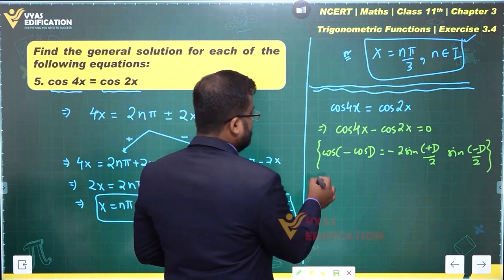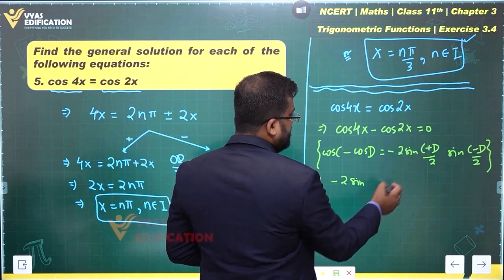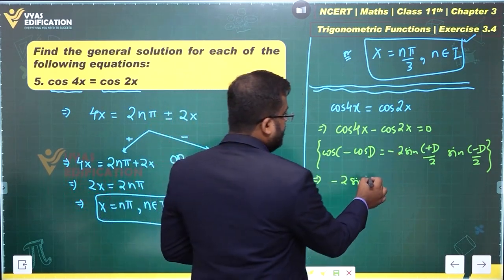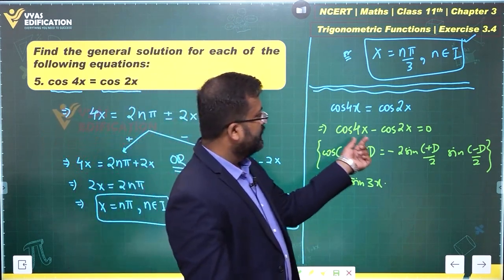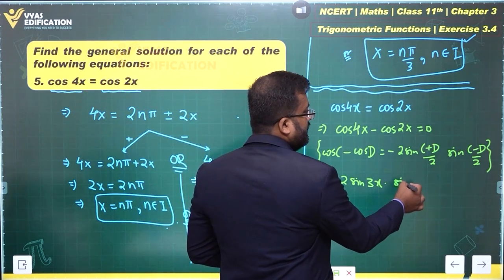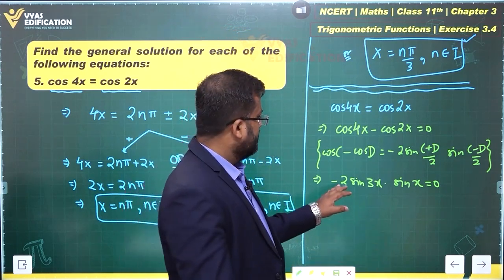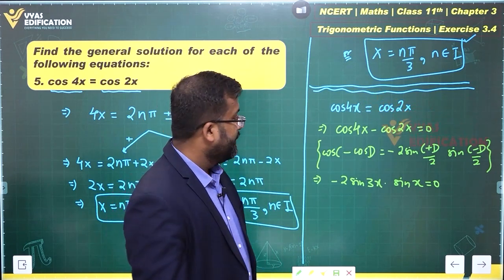If you are aware of this, this gives me further minus 2 sine of c plus d by 2, which is 4x plus 2x, 6x by 2. Let's write it as 3x only. Sine of c minus d by 2, 4x minus 2x, which is 2x by 2, is actually x. This minus 2 will go over there and will become a 0 in the denominator.